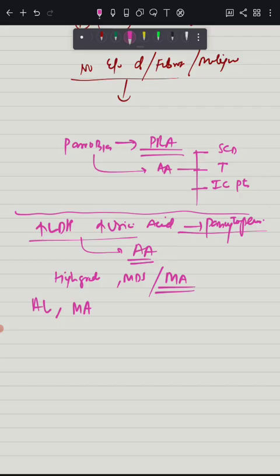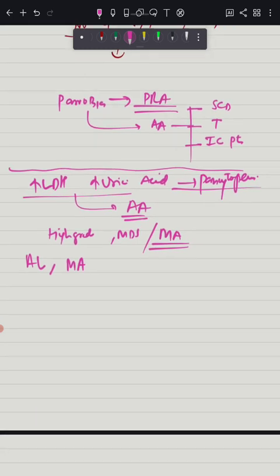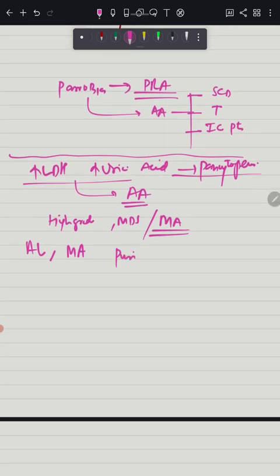Also, increased uric acid. We know that it is a breakdown product of nucleic acid, that is, purine metabolism. And when there is increased cell destruction, especially of nucleated cells, what happens? DNA or RNA breakdown. It leads to purine release, leading to increased uric acid.